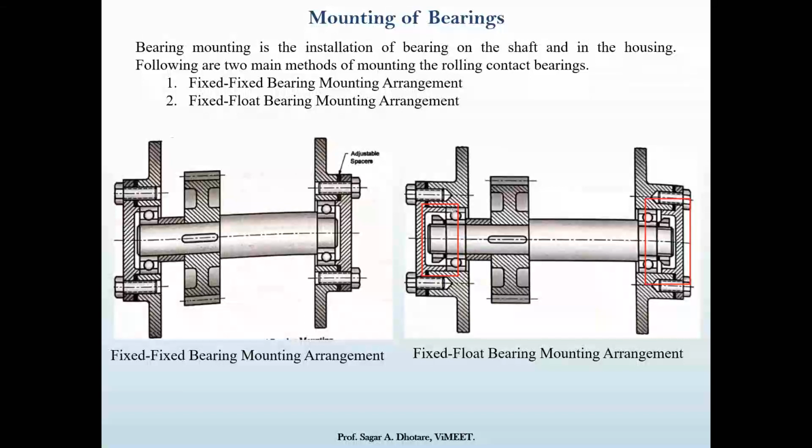In this type of mounting, the left side bearing takes the thrust in both directions. So these are the two basic mounting or installation methods, but there are a few alternate methods as well. We'll discuss them one by one.